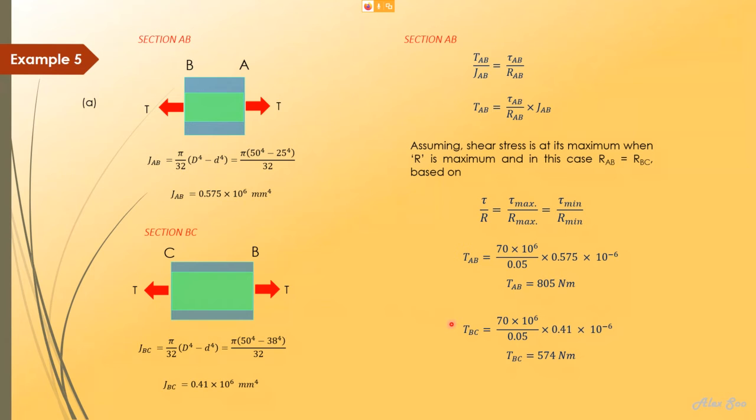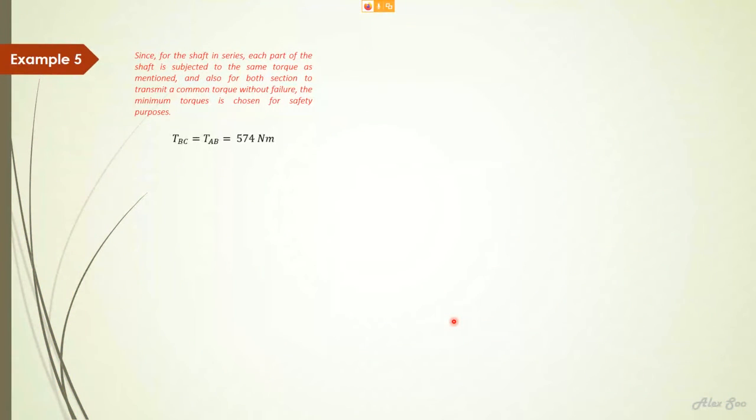But when we know that the shafts are connected in series, especially when you refer to your principle of superposition just now, the torque transmitted should be the same. So that is why we assume that TBC equals TAB, that is 574, because there is only one torque we can consider, not two different torques. So we consider the maximum 574.